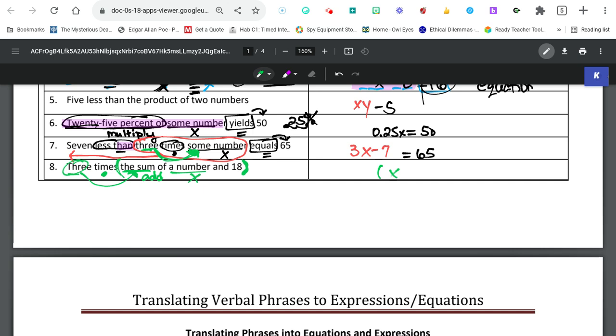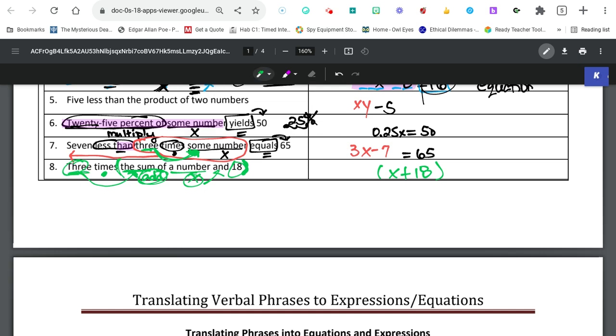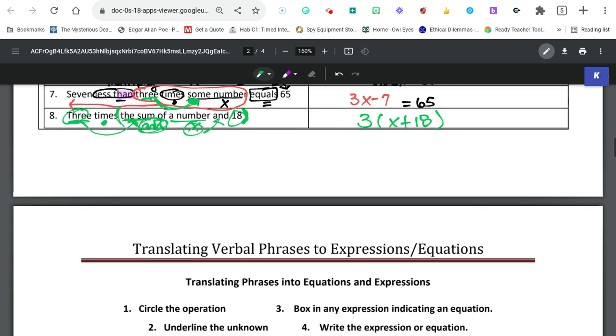So I'm going to put x and 18 inside of parentheses, and I'm going to sum them. Sum means I'm just going to add x and 18. Then I can multiply that sum by 3. There you go. That's 3 times the sum of x and 18, which is going to give you 3x plus 54 if you use the distributive property.